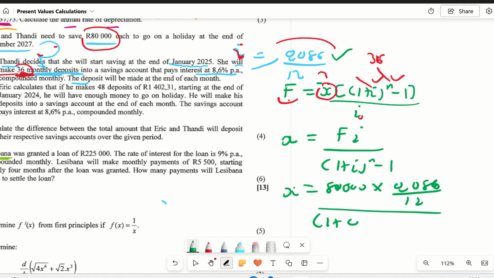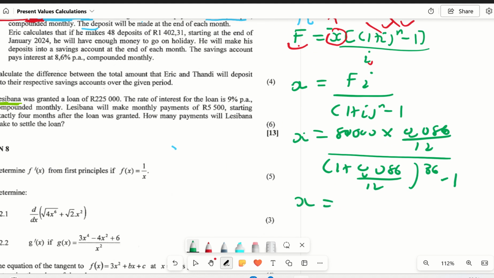Then we've got 1 plus 0.086 over 12 to the power, number of payments, 36, minus 1. Can you guys punch this for me? I'll also do it on my side.